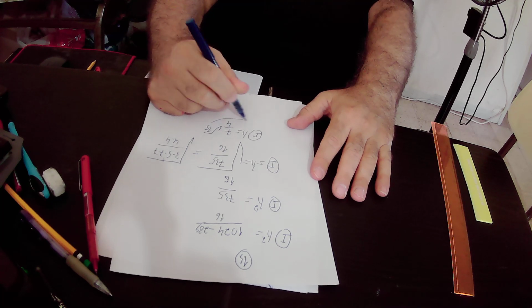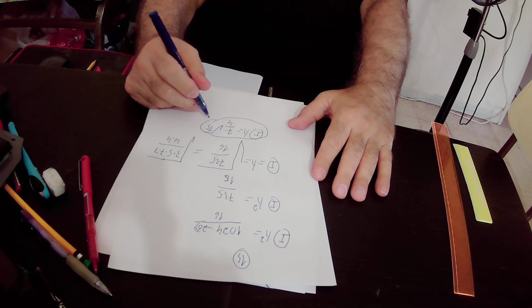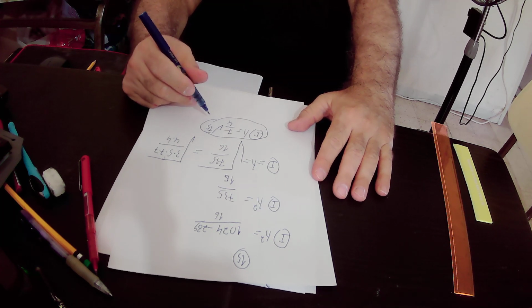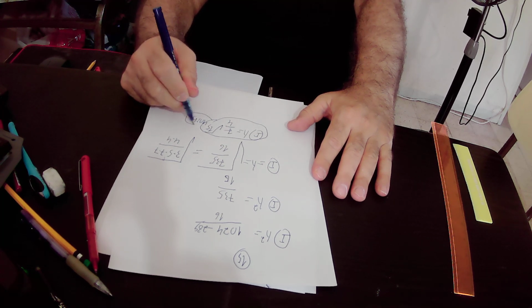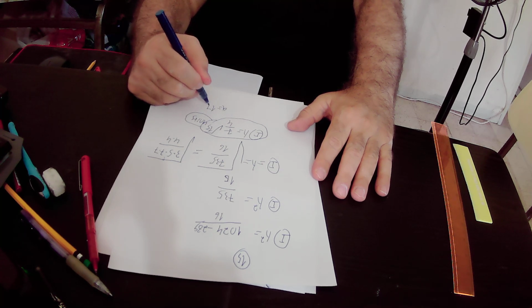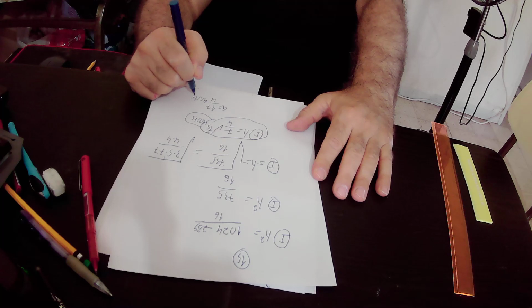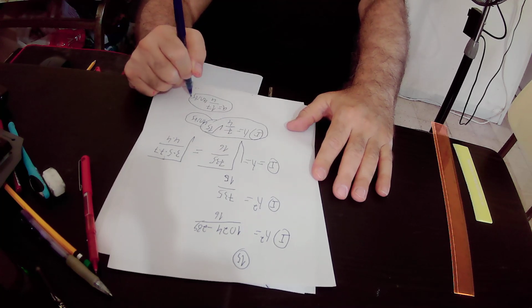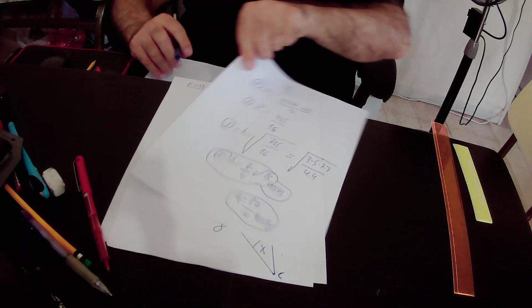So in total we got the value of h, it equals 7 over 4 times root 15 units. And we have already found out that a equals 17 over 4 units. Okay, so we have the values of h and a.